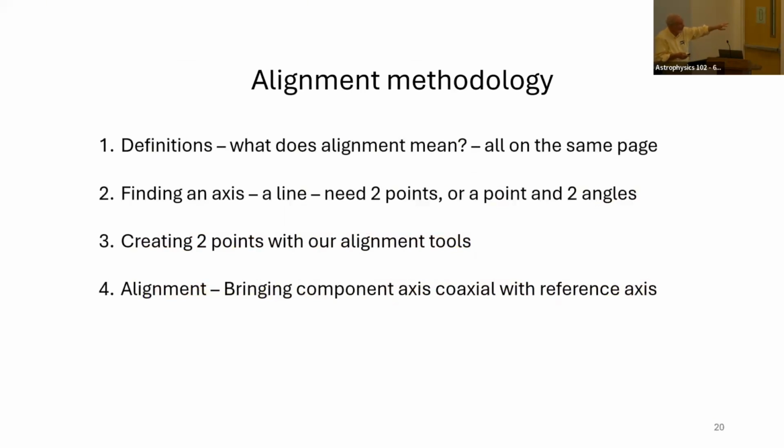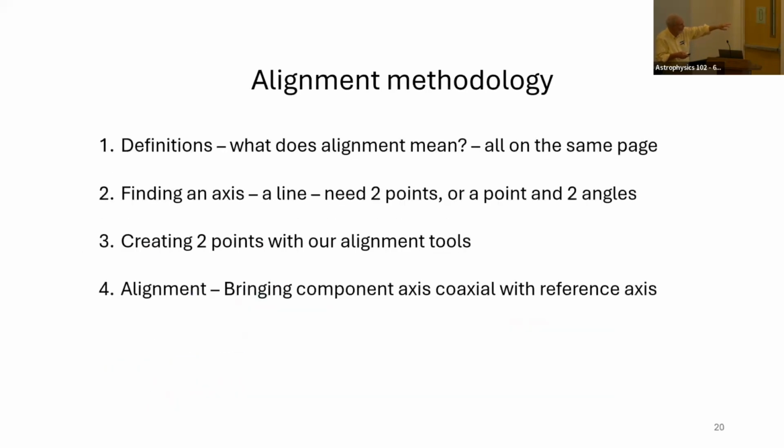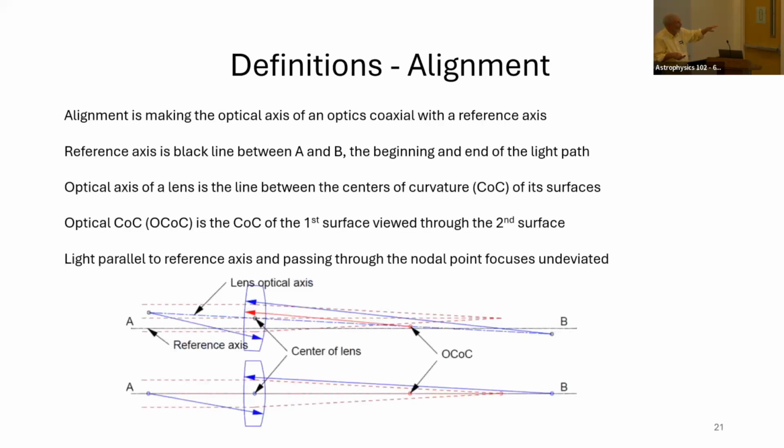And because I don't have much time, I'm going to keep going fast here. To define an axis, we need a line, so we need 2 points, or make it a vector. We'll talk about how we create the 2 points, how we actually do the alignment.